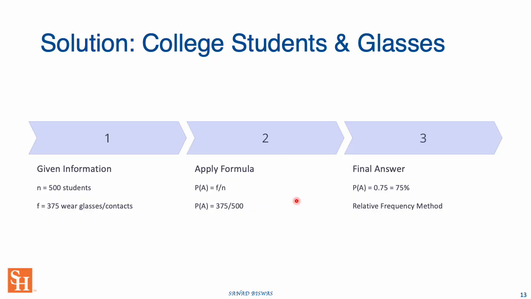And if you convert this number, it finally gives us 0.75, or if you further convert it to a percentage, that gives us 75%. So here you can see that by using the relative frequency method, we can calculate the probability, and we can say that 75% of the students of the college wear contact glasses, right?